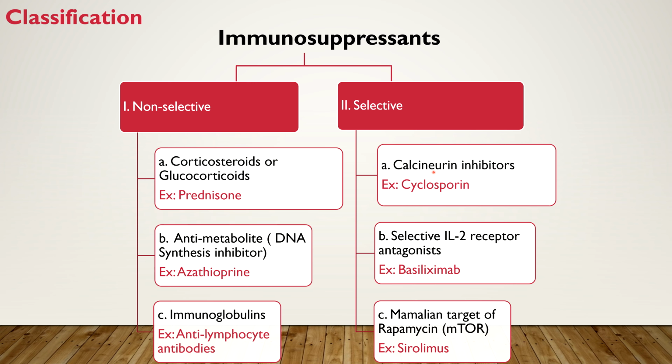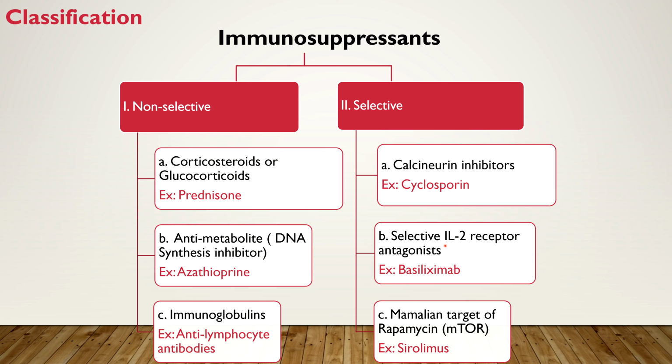By inhibiting this enzyme, we can suppress the T lymphocytes so that there is a suppression of the immunity. So these calcineurin inhibitors will target the calcineurin enzyme. Example, cyclosporin.